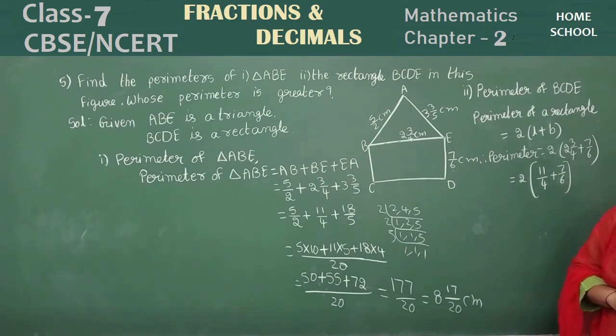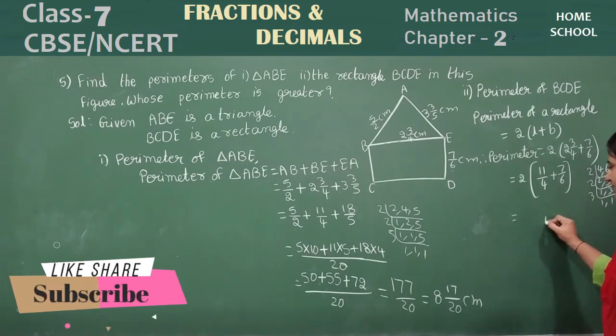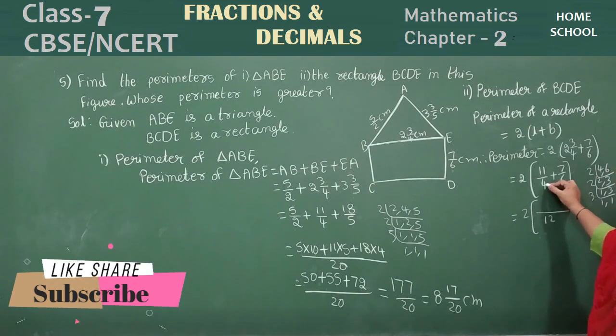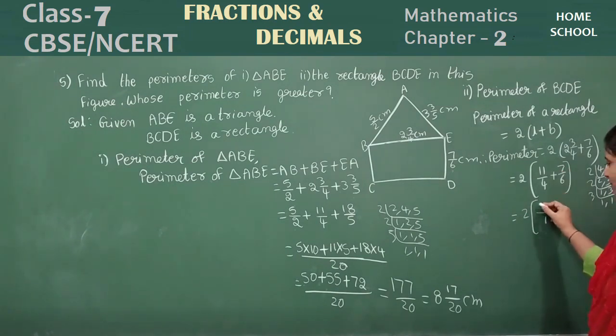So now 4 and 6, what is the LCM here? Look here, how to do LCM. 4, 6. 2 2s are 4, 2 3s are 6. 2 1s and again 3 1s. So now what is the LCM here, children? 3 2s are 6, 6 2s are 12. So 12 is your LCM, right? Outside you have 2. 4 table where you get 12, 4 3s are 12, 3 multiplies up.